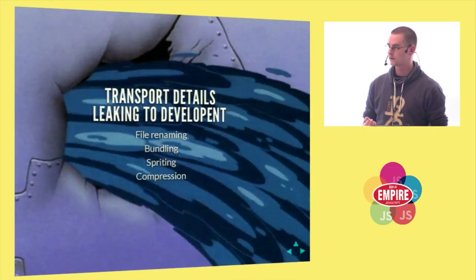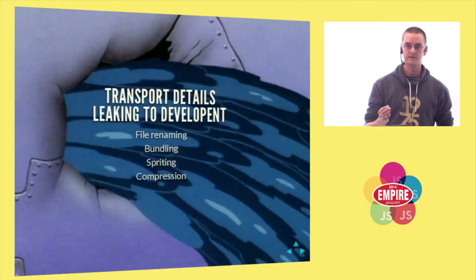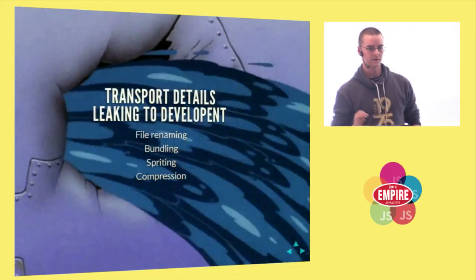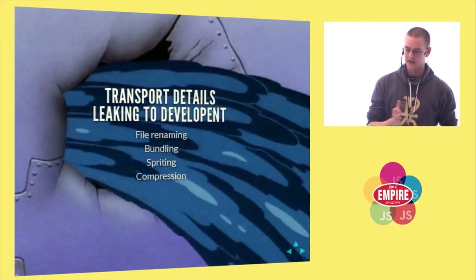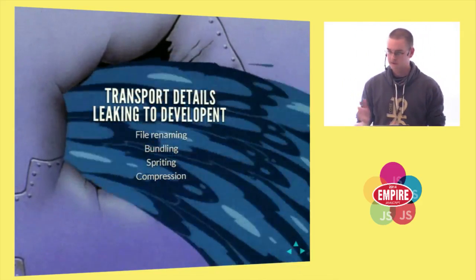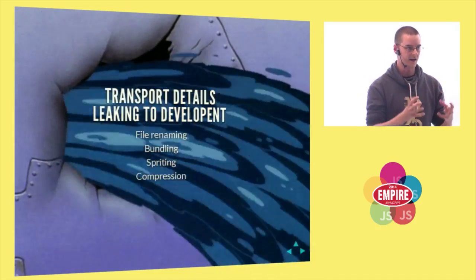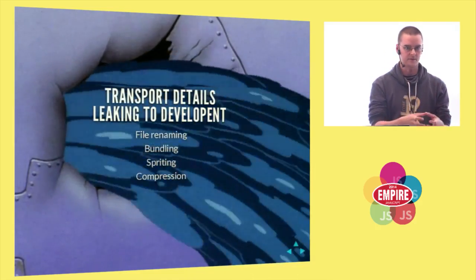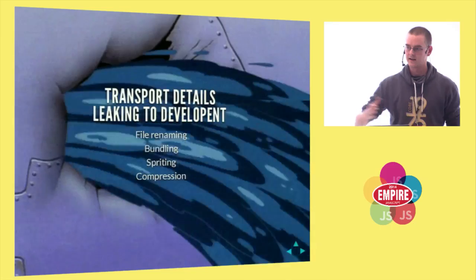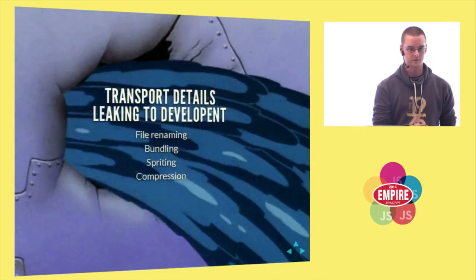And how people usually solve this is by leaking details of the transport build into their development step. What happens is that all of these things that you shouldn't be thinking about, that you shouldn't have as abstractions in your development build, leak slowly into your development loop.